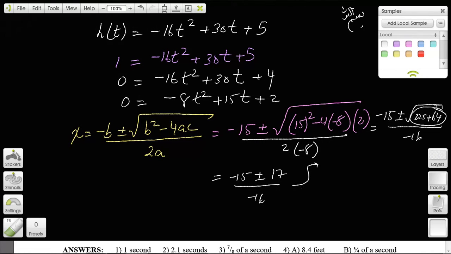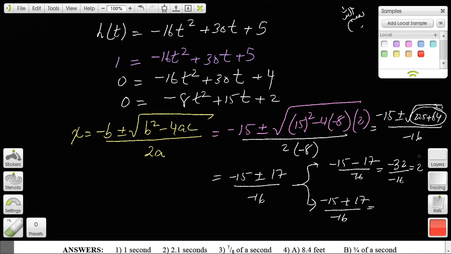So you can turn this into two equations: negative 15 minus 17 over negative 16, and negative 15 plus 17 over negative 16. This is negative 32 over negative 16, which is 2.